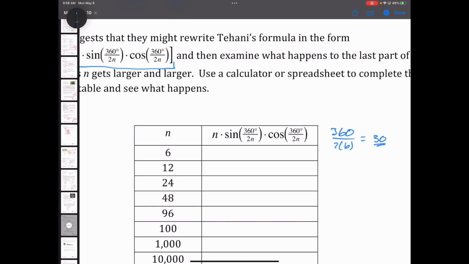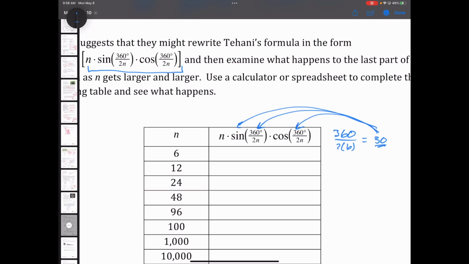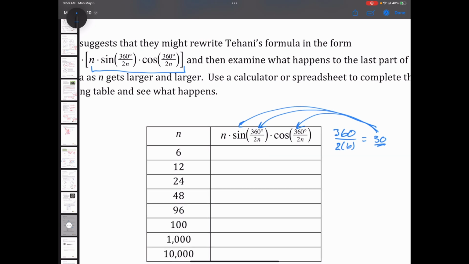So that you can plug 30 in and say cosine of 30 times 30 sine times 6, okay?